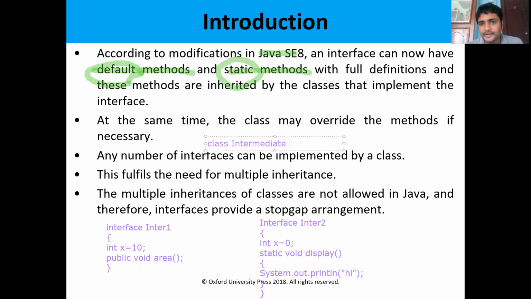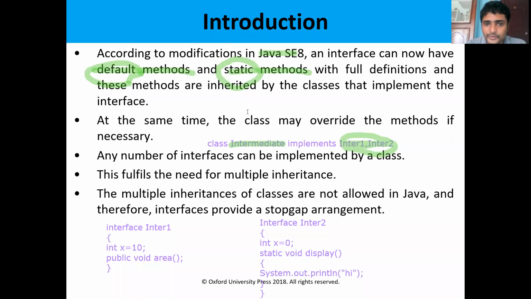I use the keyword implements, inter1 comma inter2. That means a class can implement any number of interfaces. This is the concept of multiple inheritance.